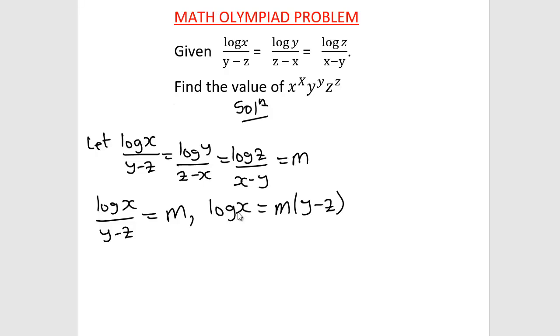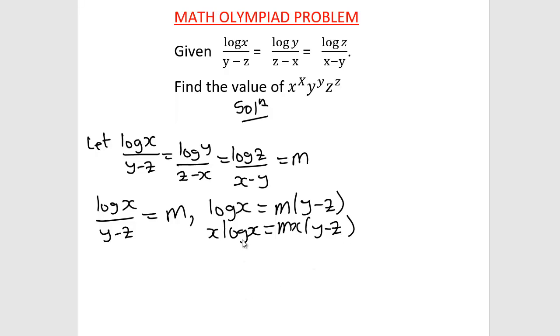And then from here, if you look at what we are to find the value of, we are expected to get something like x to the power x. So in this case, we can introduce another variable by multiplying through by any variable we want, but the variable should depend on what is over here. So I'm going to multiply through by x. So I'm going to have x times log of x is equal to mx into y minus z.